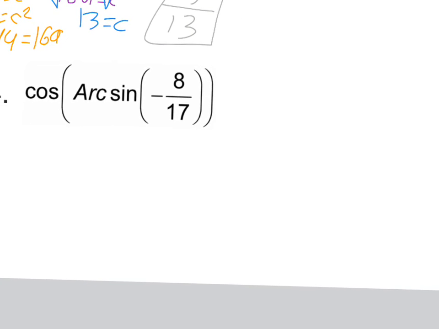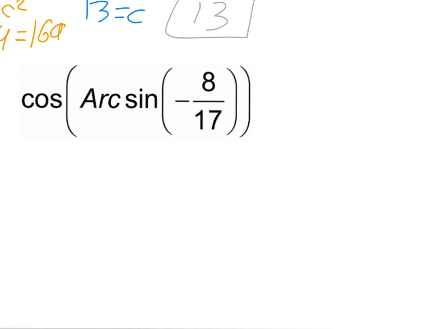This next one, the cosine of the arcsine of negative 8 over 17. Now, you may recall, and if you don't, that's fine, that arcsine is just another way to write inverse sine.